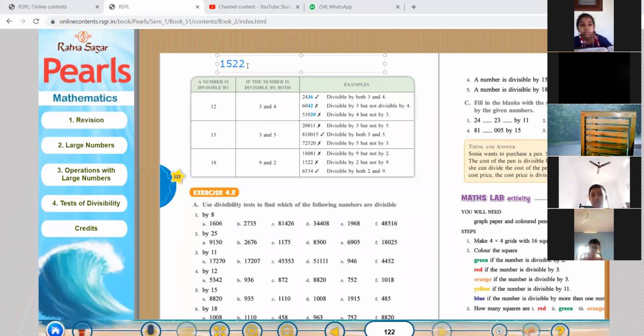No. Then we can say that the number 1522 is not divisible by 9, and hence the number 1522 is not divisible by 18 because it is not divisible by 9.